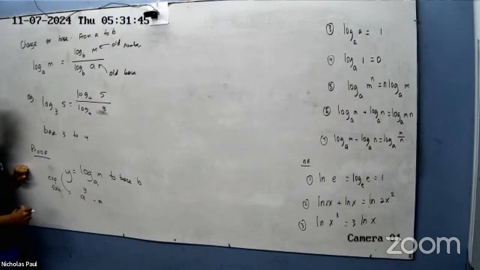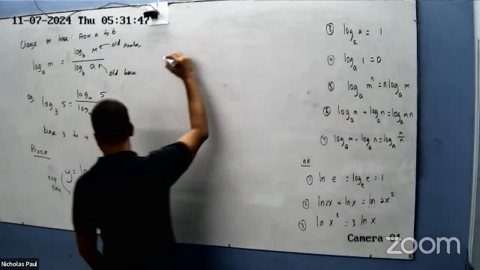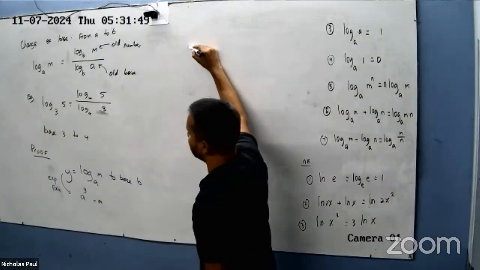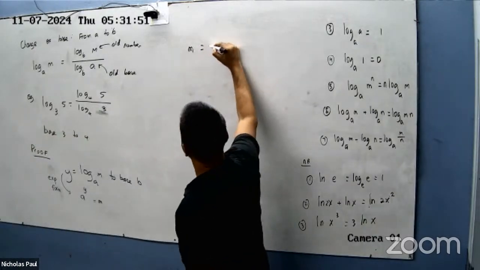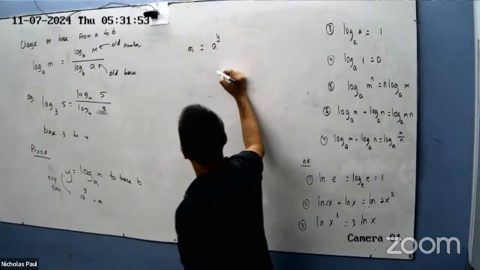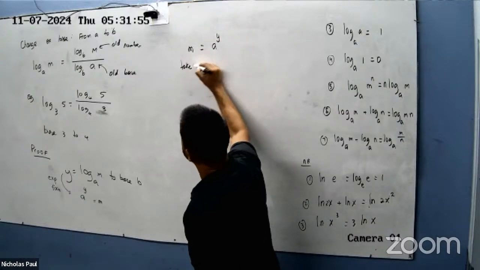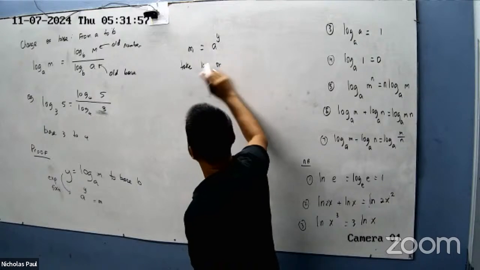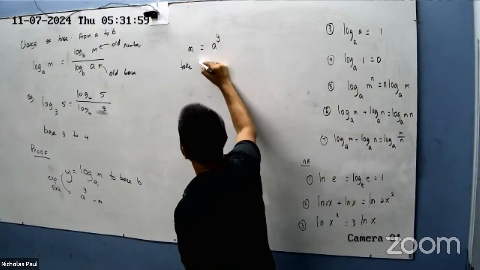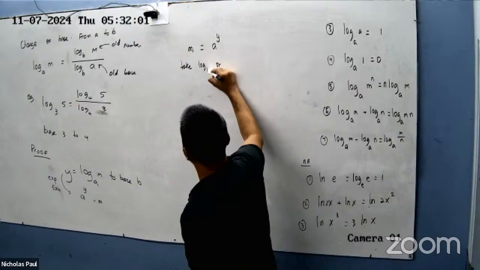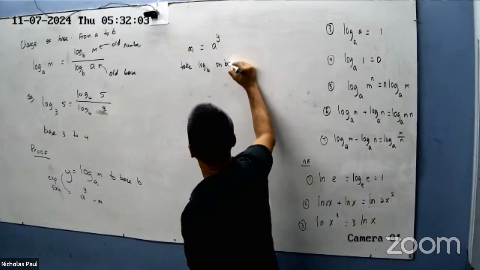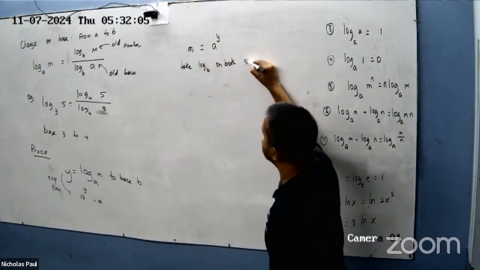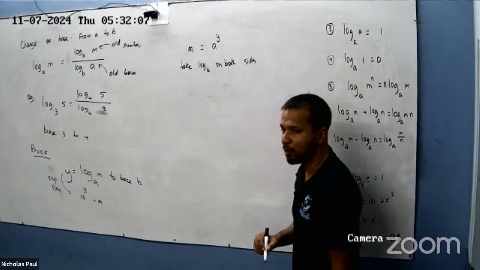That's okay? So now, here's what we know. We know that m is equal to a to the power of y. Now, if I take logs on both sides, let me be specific, let's say I take log to the base b on both sides. What will happen?